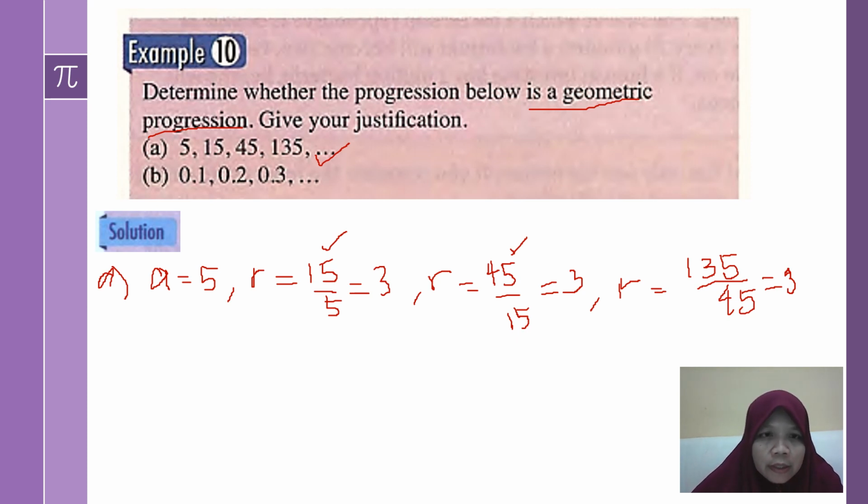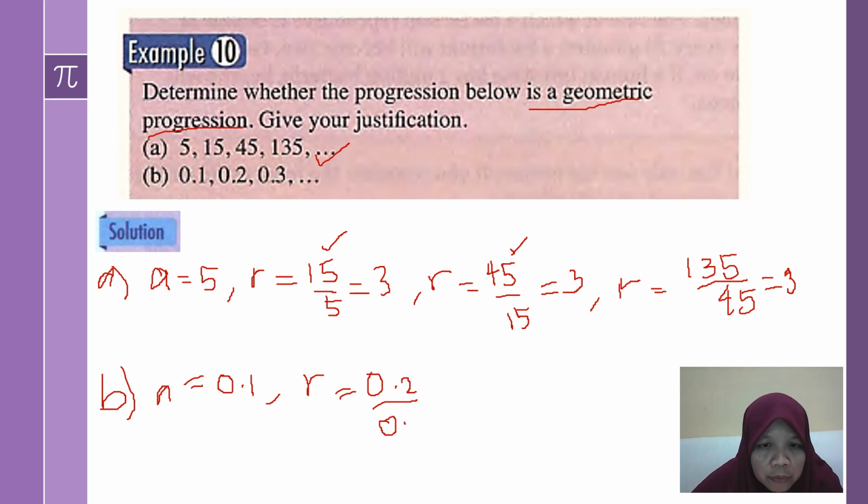Now let's try B. The first term is 0.1, and we try to find r. r is equal to 0.2 divided by 0.1.